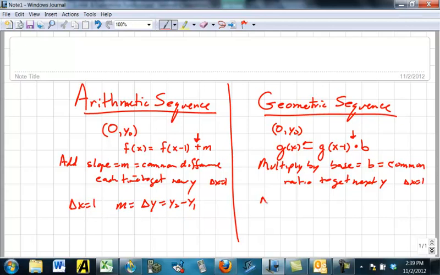Over here, if delta x equals 1, okay, what's the base? It's the common ratio, y2 divided by y1. Look what's happening here. On the right side, on the geometric, we have multiplication where we used to have addition. We have division where we used to have subtraction. It's one level higher in the order of operations.